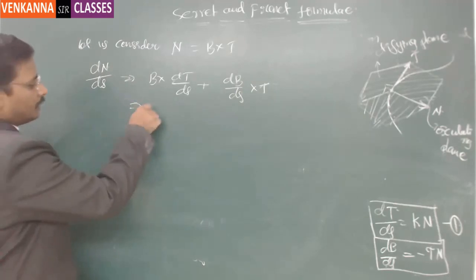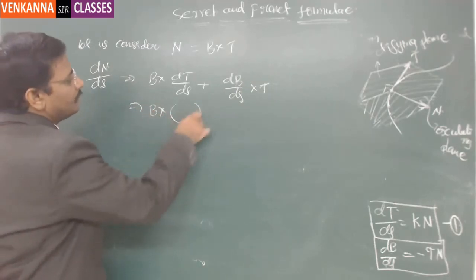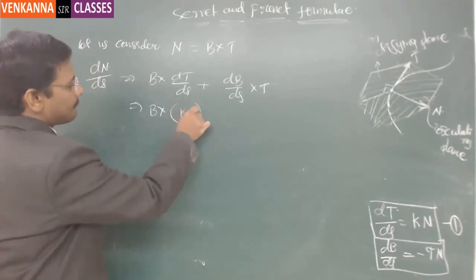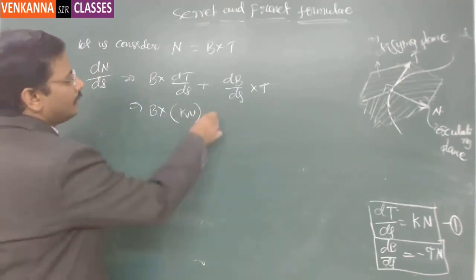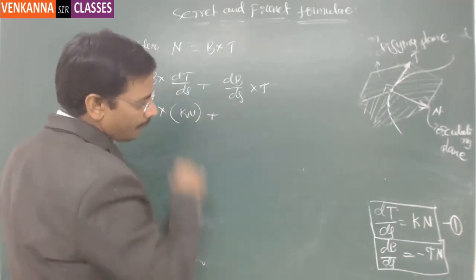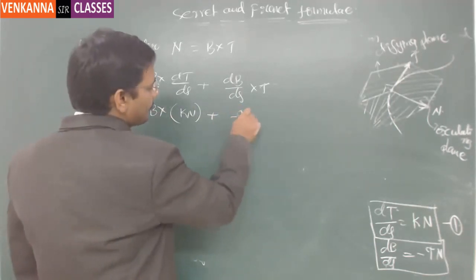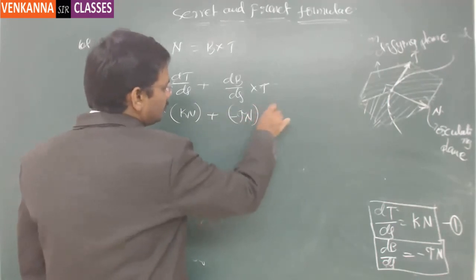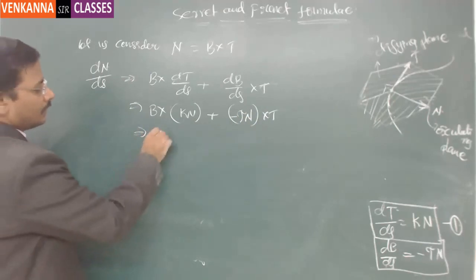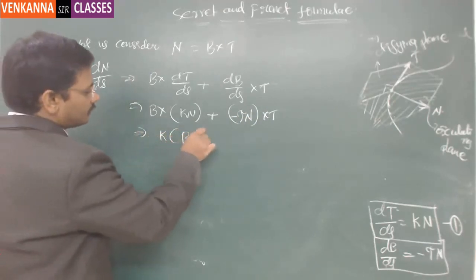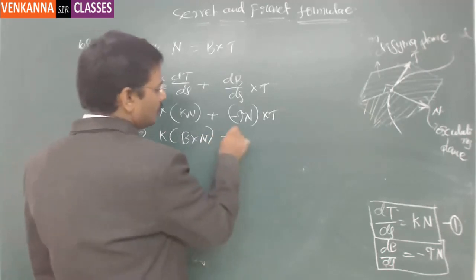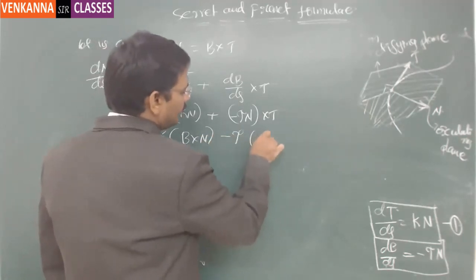Now here dt/ds you can replace as Kn, and dB/ds you can replace as minus tau n, cross t. So this is K times b cross n minus tau n cross t.